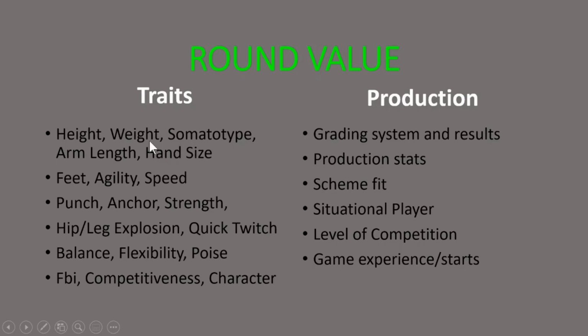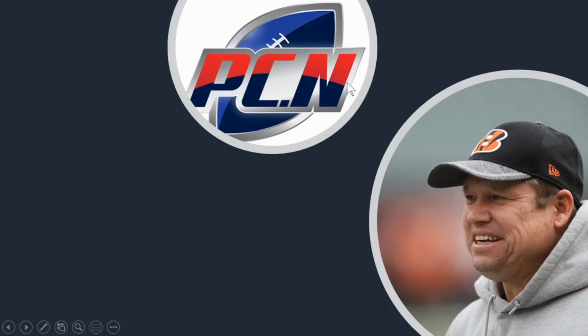But if a guy has most of the traits and a lot of the production, well, then you know, you're talking about a second or third round pick. Or if he has all the traits and decent production, then he's a second or third round pick. So it's a constant balance, as I said, between traits and production. Traits and production.